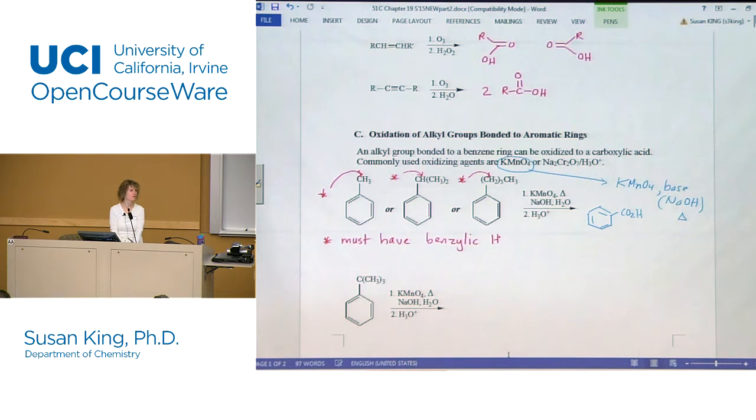If you don't have a benzylic hydrogen, there is no reaction. So this one here, as you can see, this carbon has no benzylic hydrogen. Therefore, there is no reaction. So in our little box on the test, we would write no reaction, NR, if you don't have any benzylic hydrogen.